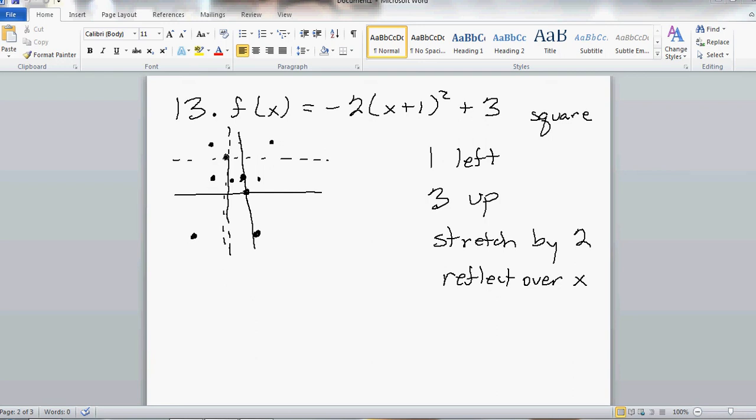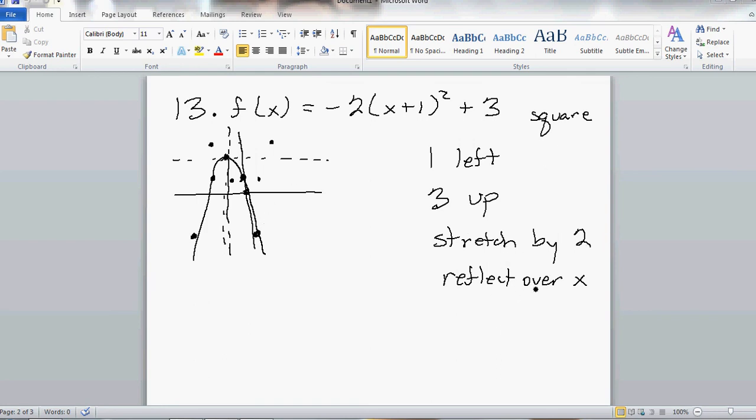And so what I'm going to get is a parabola that looks pretty much like that. Due to me being off and not having a good square grid, I am a whole lot fatter than I should be. It should be about half as fat as it started out because I stretched it by 2.